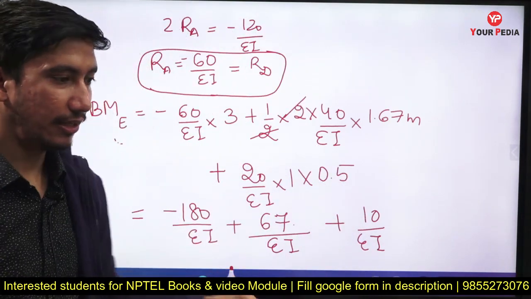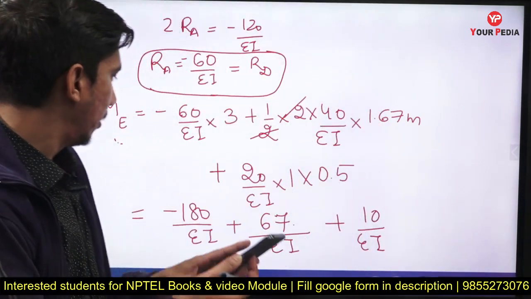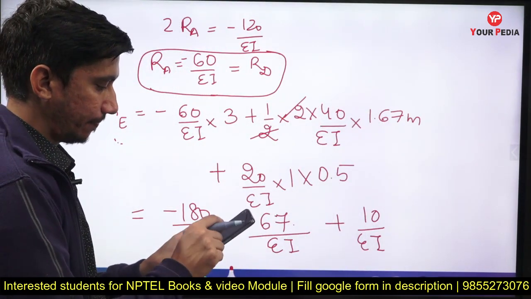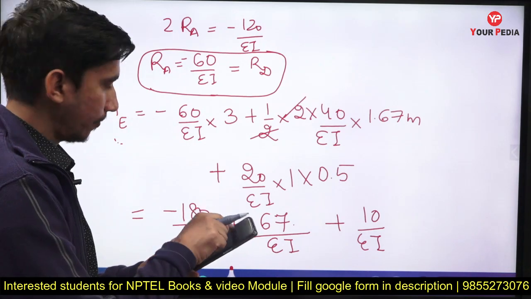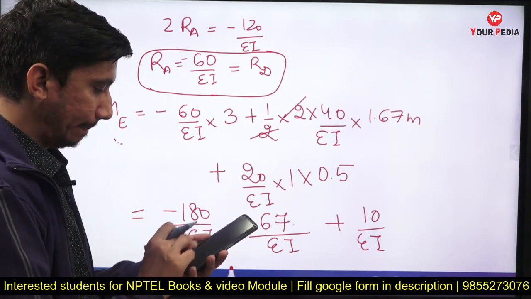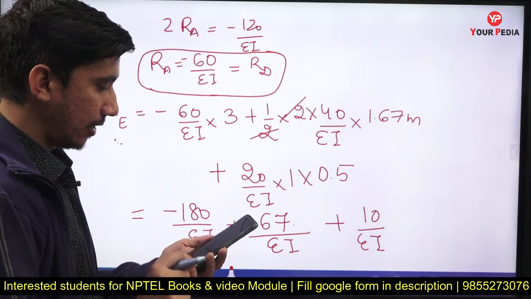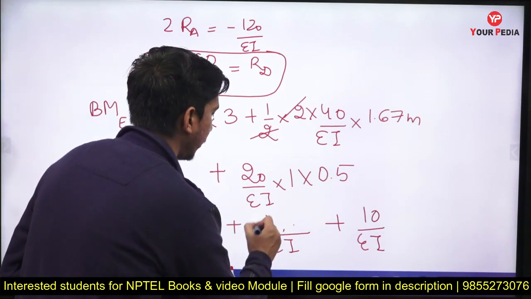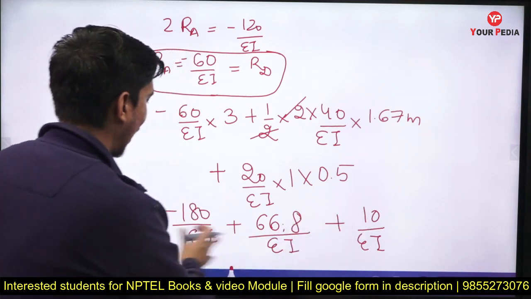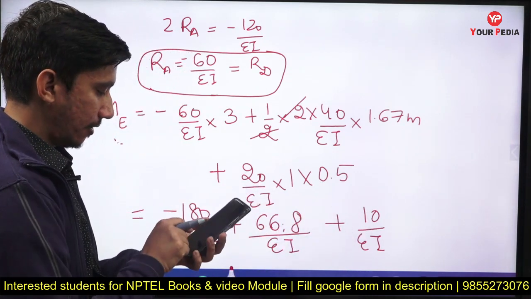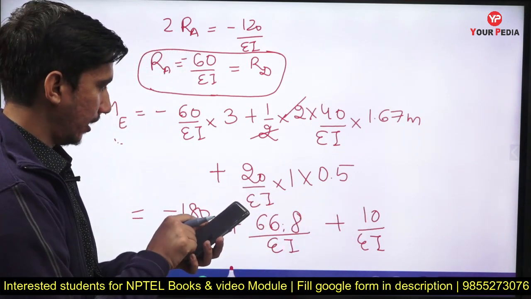Let me take the calculator: 40 into 1.67 is 66.8, so around 67 it will come. If I add this, I'll get 180 minus 70, which is about 6.